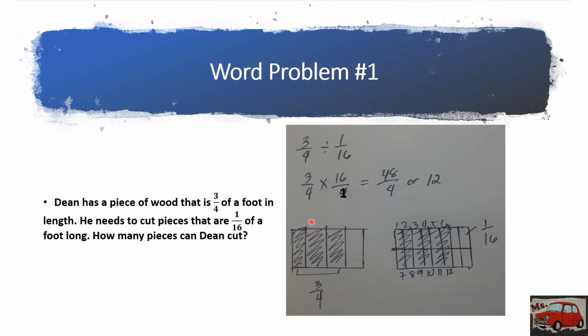Alright? Yung 3/4. Hinati niya sa 16 pieces and bawat isa dyan ay 1/16. Alright? So, ilang 1/16 ang nakuha niya dun sa part ng 3/4. So, kung bibilangin mo, merong 12 na 1/16. Okay? That's why the answer is 12.